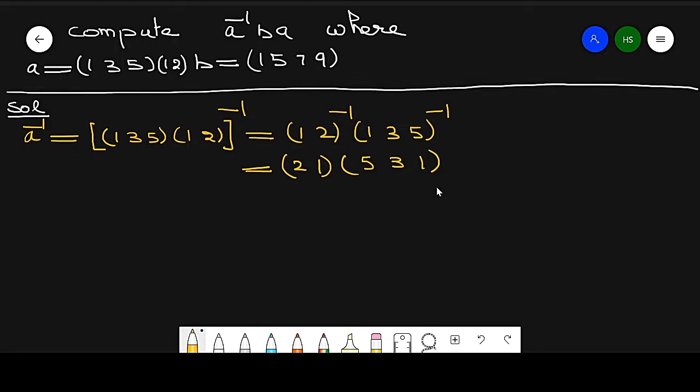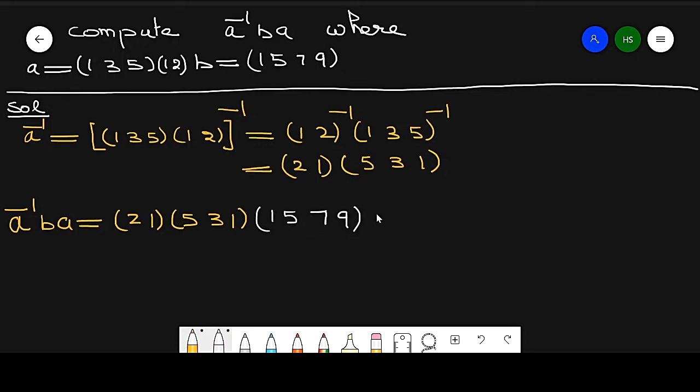So this is A inverse. Now my aim is to find A inverse B A. So I write A inverse, which is (2 1)(5 3 1), then B, which is (1 5 7 9), and third is A, which is (1 3 5)(1 2), right?